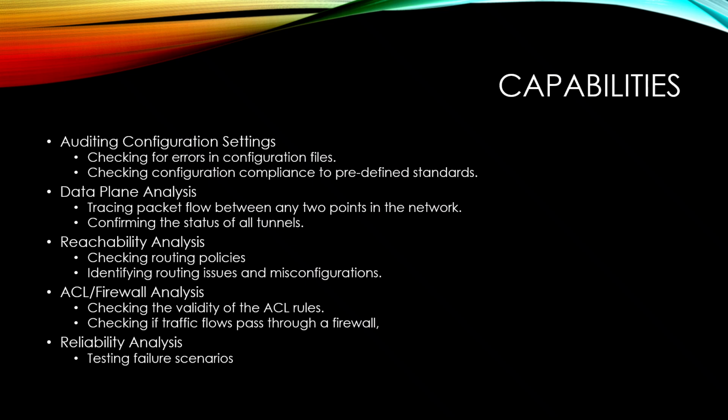It can detect any vulnerabilities in the access lists. It can also tell you what happens if a router is not reachable or if an interface is down. All of this can be done using Batfish, based on the data model that Batfish builds.